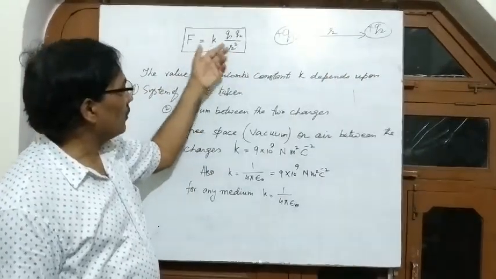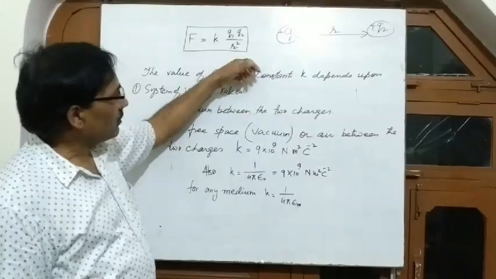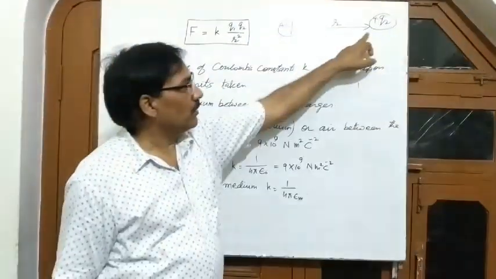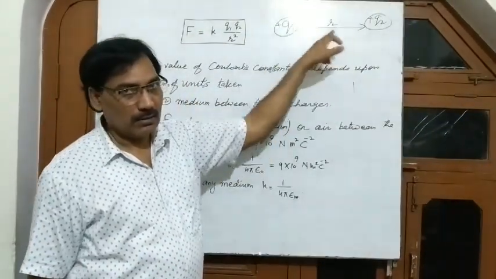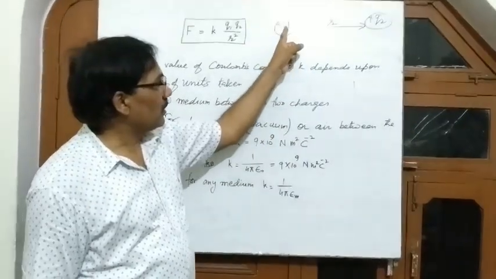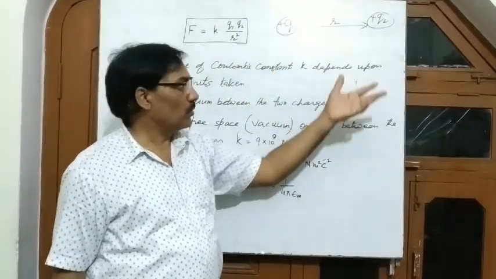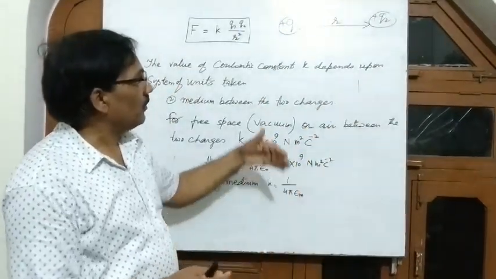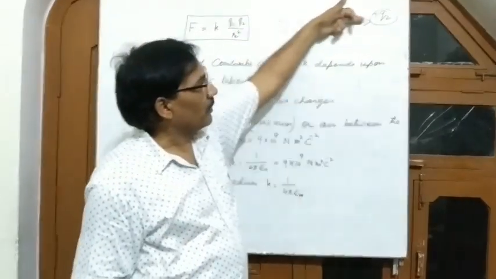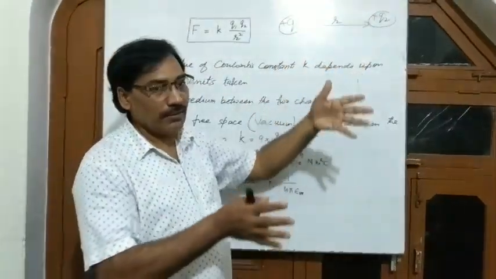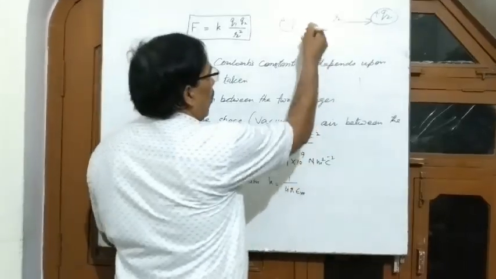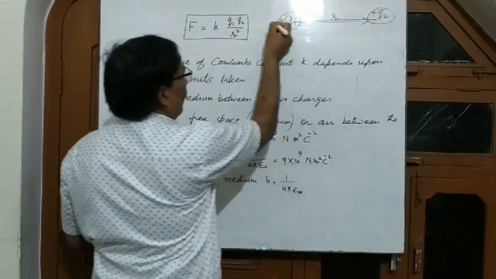The direction of this force acts along the line joining the two charges, joining the center of the two charges. The force, whether it is attractive or repulsive, always acts along the line. If it is repulsive, then it will act along this line, away.